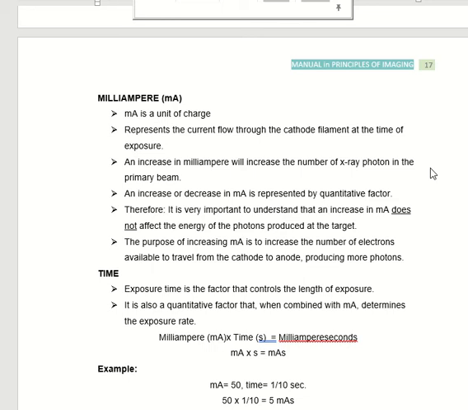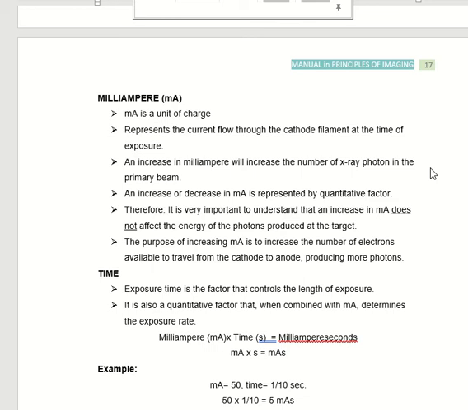So it means, when we increase milliampere together with time, we will also be increasing the amount of electrons produced in the filament. And during the discussion in our radiologic physics, MA and time, or the MAS, is responsible for the production of electrons in the filament.